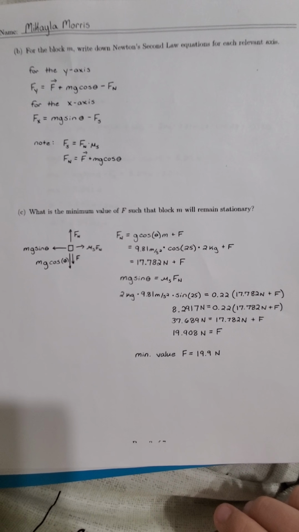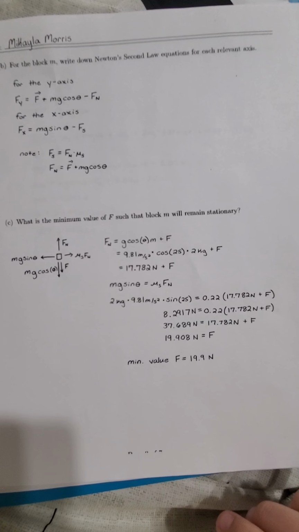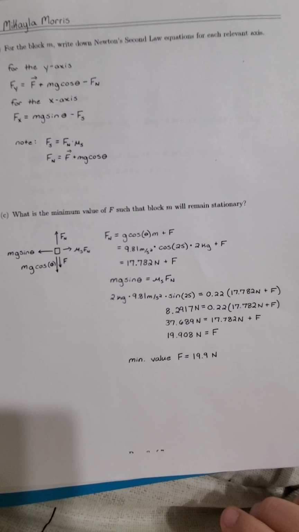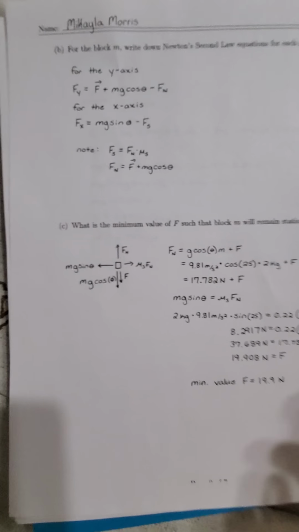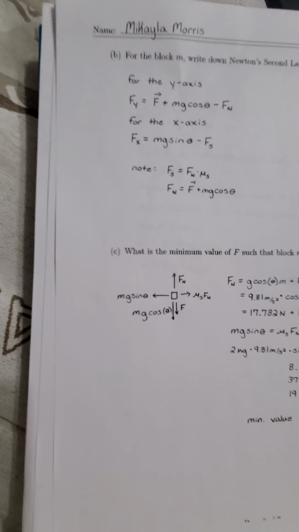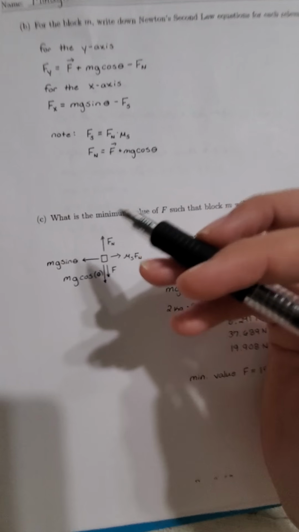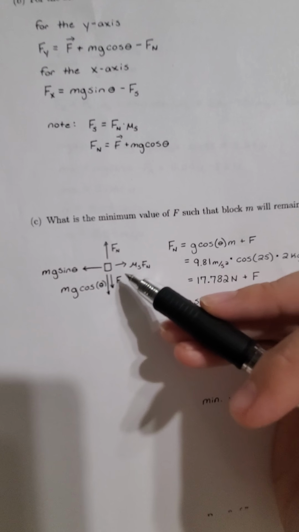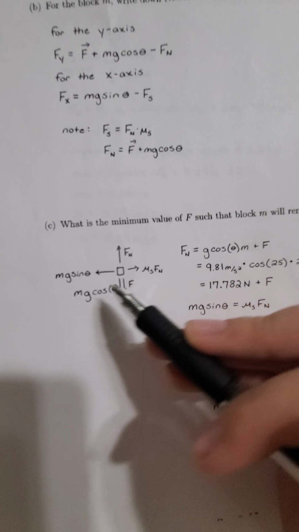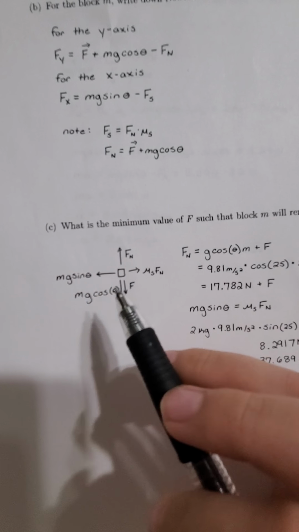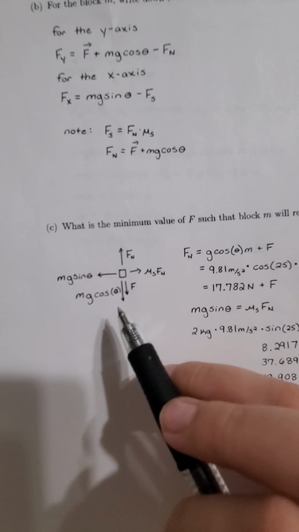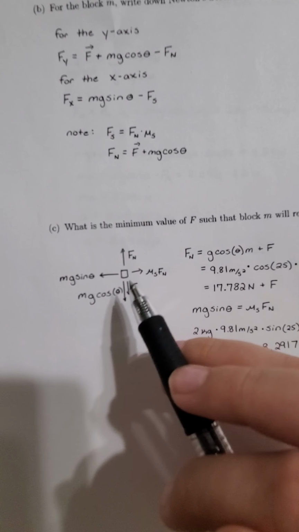Then for the third question, it's asking for the value of the applied force so that the block will remain still. And to solve that is kind of a nice little problem here, because you'll do the applied force plus the force of gravity times the cosine of the angle. That way you have the y part of that.